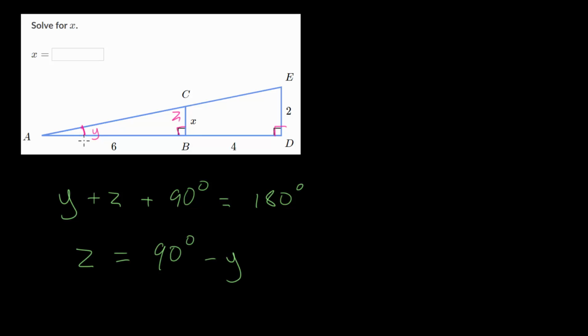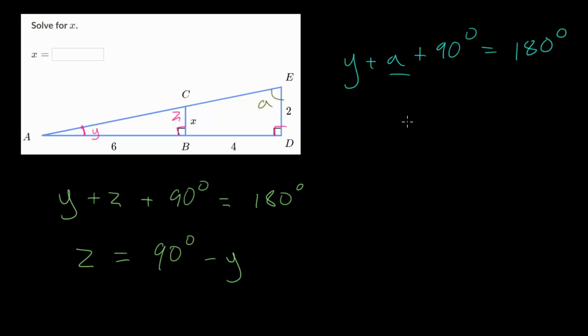Now, looking at the other triangle, if we call this some other letter, let's say that this is A, then we can set up an equation to figure out what A is, but what we'll notice is that A is also equal to 90 degrees minus y. Since if we sum them up, y plus A plus 90 degrees is also equal to 180.